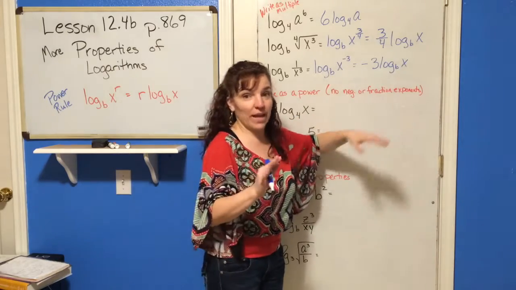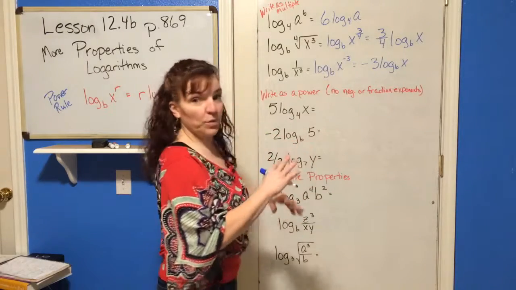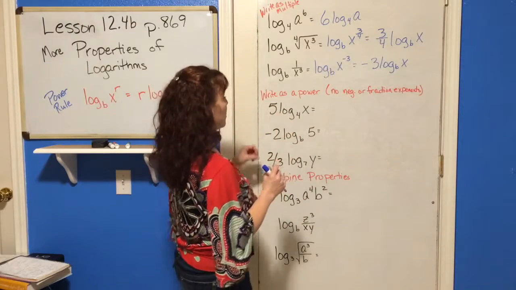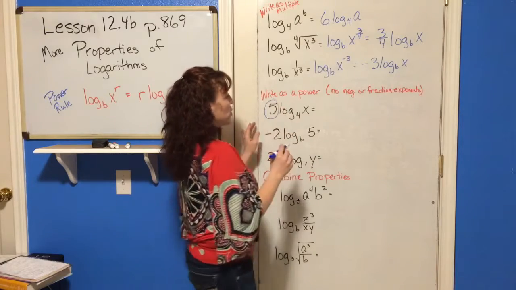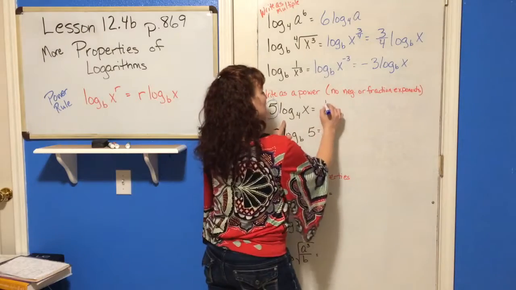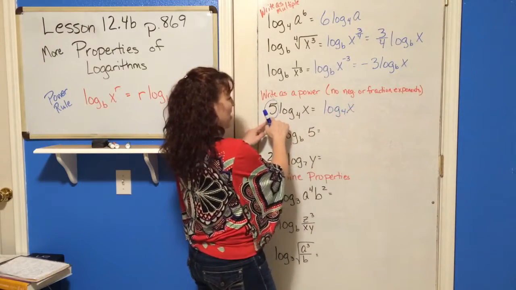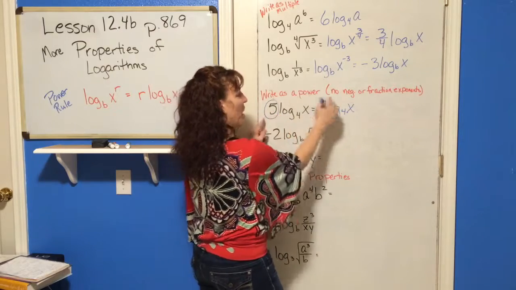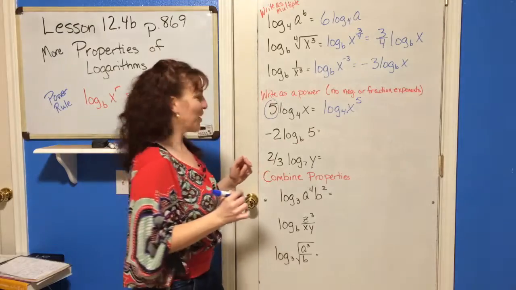You can't have negatives or fractions in your exponents when you're getting it into the simplest form. So this is your coefficient, and it becomes your power now. The log stays the same, log base 4 of x, and the coefficient becomes your power. It just flips around.